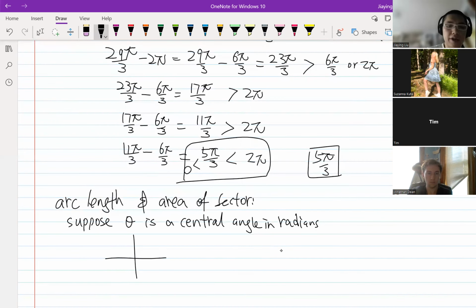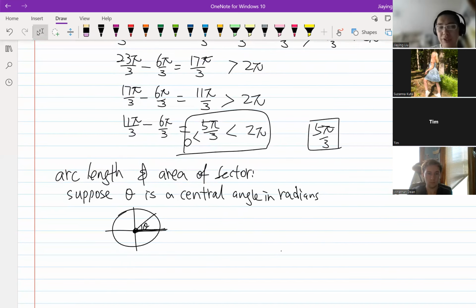So here I have an angle as a central angle because the vertex of the angle is at the center of the circle at the origin. So this is theta. And suppose the angle is measured in radians, then the arc length corresponding to this central angle, which is this part, I'm going to call it S.